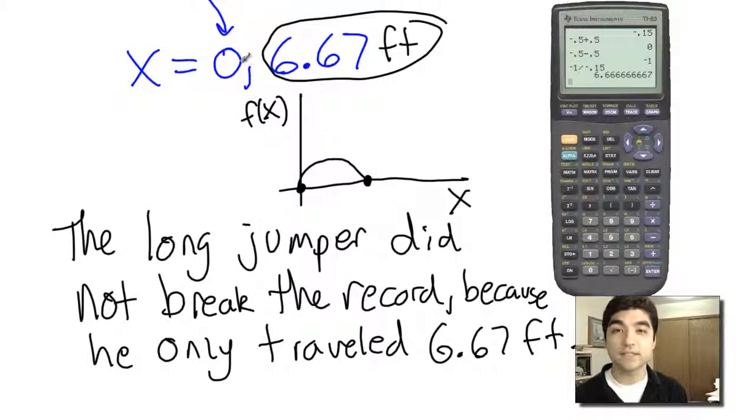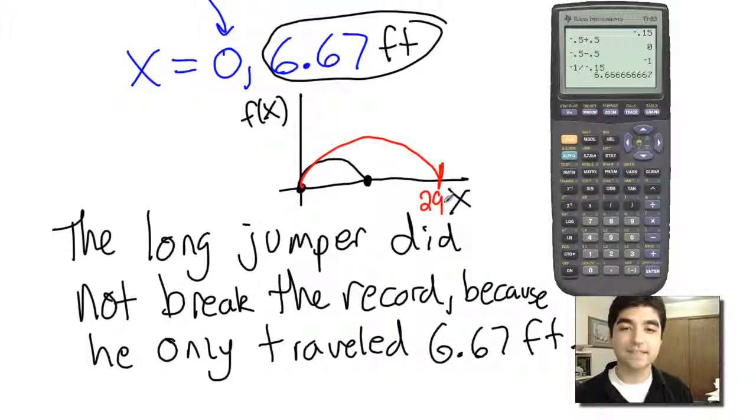So he has zero vertical height at 0 feet and at 6.67 feet, which is not the 29 feet that we're looking for. So he's way short of that. So this dude needs to keep practicing. Okay, so that is the second problem. And so when you understand that, then go on to the third problem.